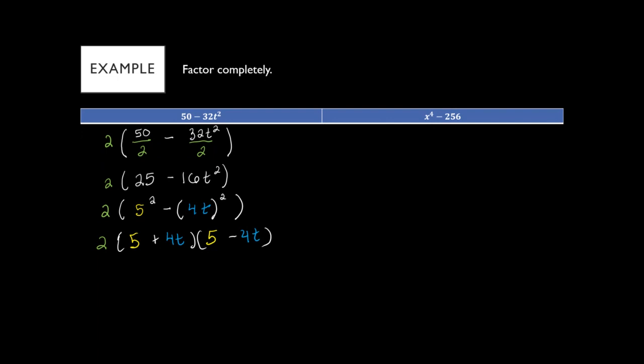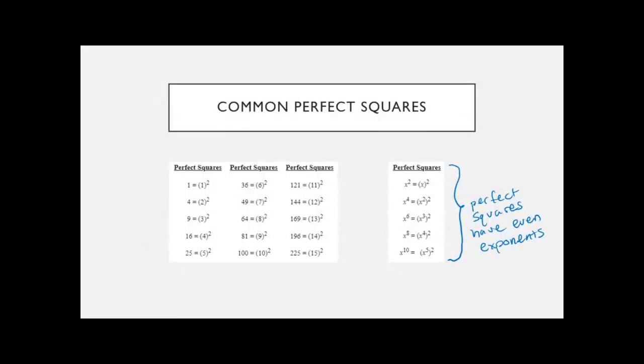Now, a last one here. We have x to the 4th minus 256. 256 is not on this list of perfect squares. The highest number we have is 225. We don't have 256 on there.